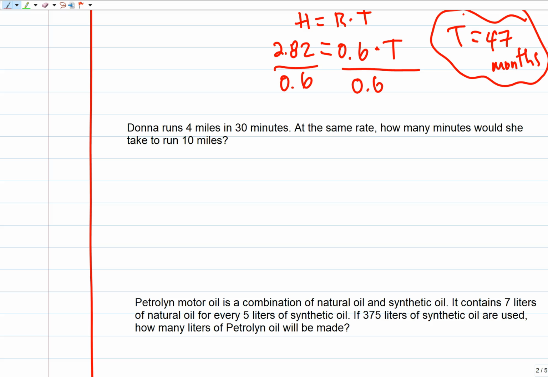But could you figure out Donna's rate right there? Well, 4 miles in 30 minutes. So could you figure out her rate? It would be miles per minute.